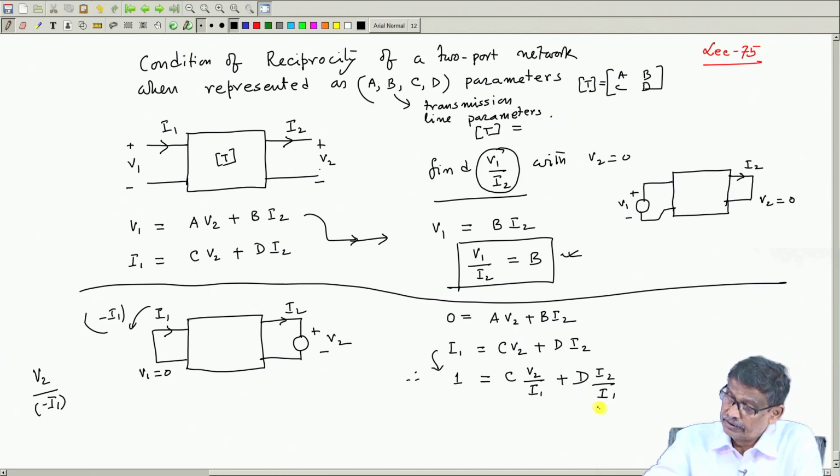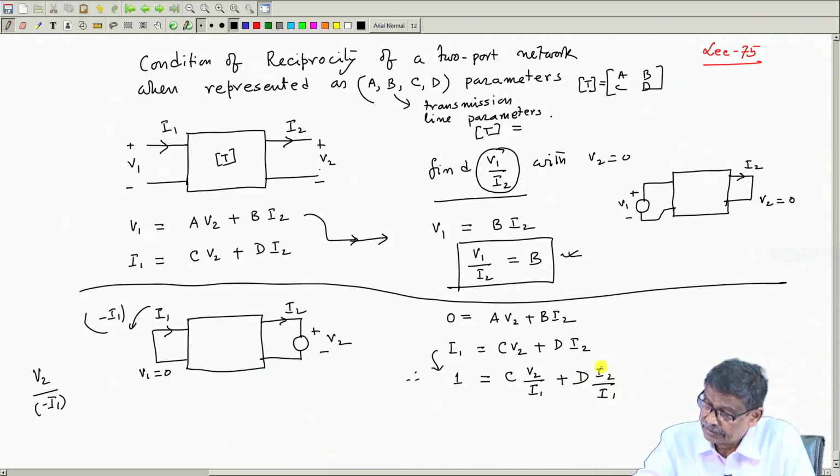Now, who will give me this I2 by I1 business? V2 by I1 I have to find.